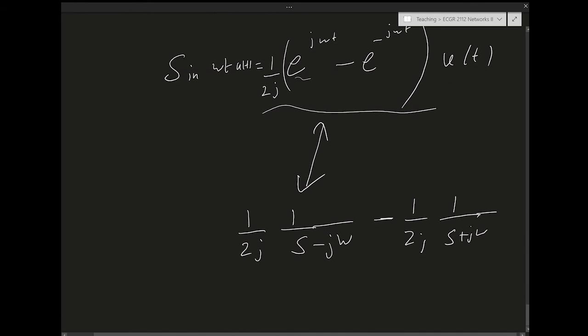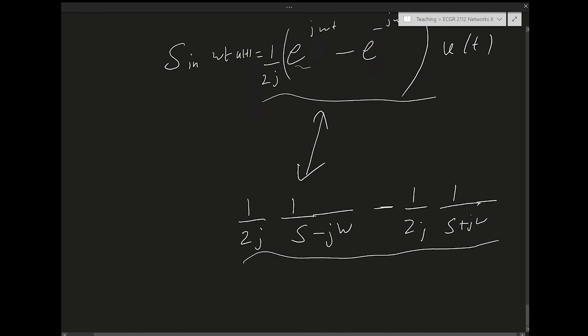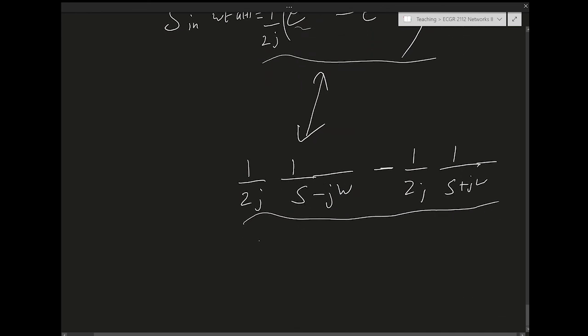Aha, so the Laplace transform will be this thing, but we can manipulate it and evaluate it. I can do this. It's going to be equal to 1 over 2j, and then multiply this by (s plus jω) over (s plus jω).